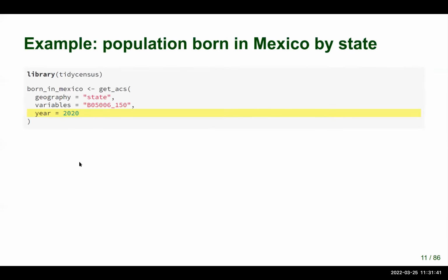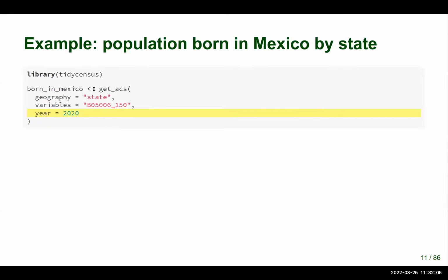So let's get started trying out how to use get_acs for the 2016 to 2020 ACS estimates. We load in the tidycensus library, and then we run the function using arguments and assignment. In R, the assignment operator is this arrow sign, a less than and then a dash.